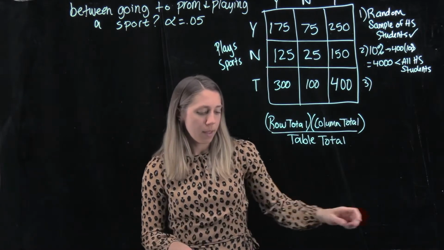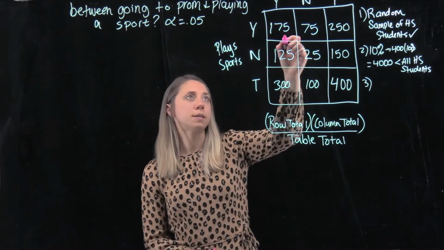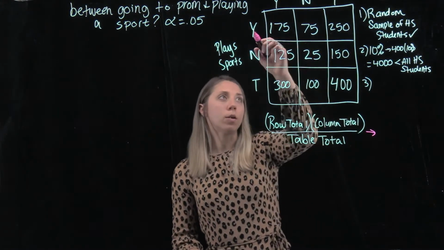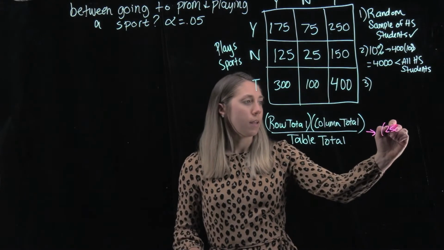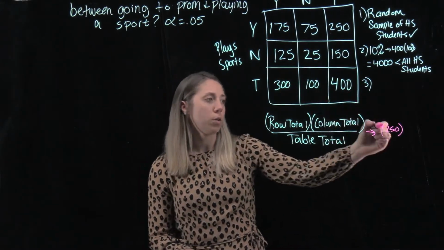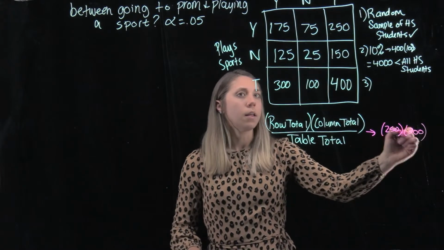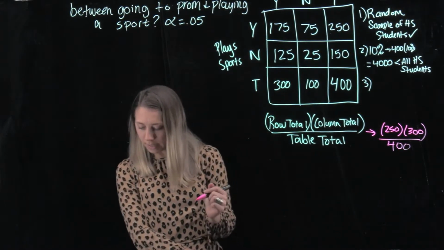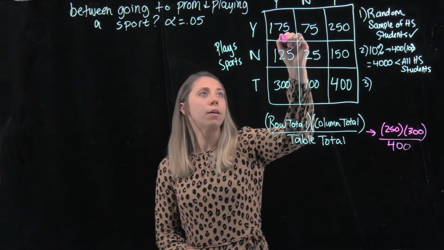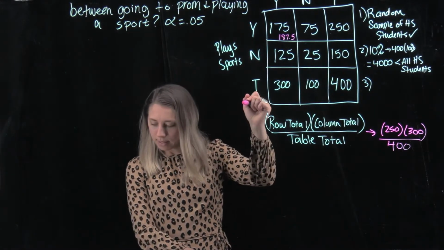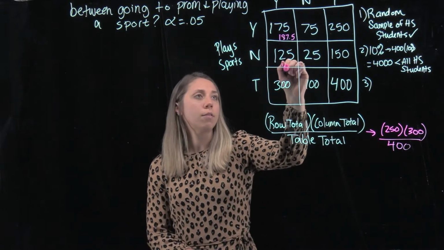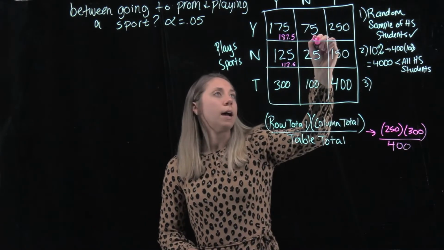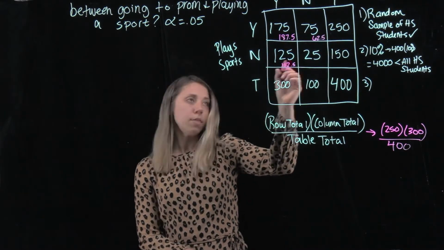So an example of that, for the yes box, the row total would be 250 times the column total, which is 300, divided by 400, which is an expected of 187.5, and I'll write those in right here. 187.5, 112.5, 62.5, and 37.5.